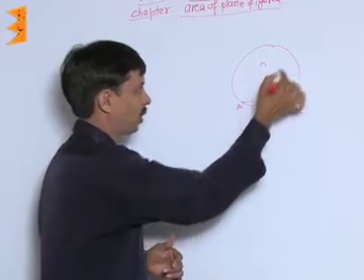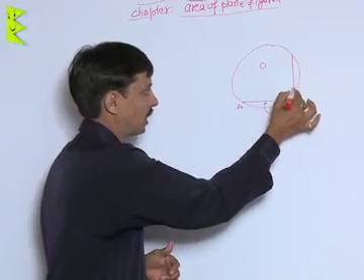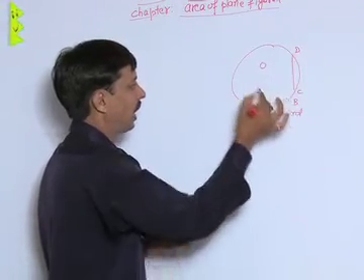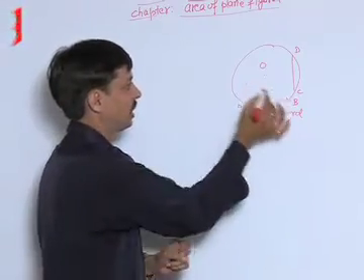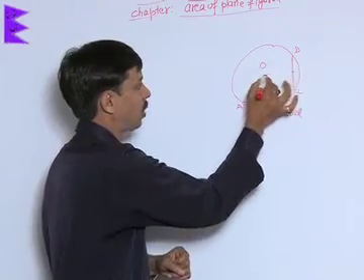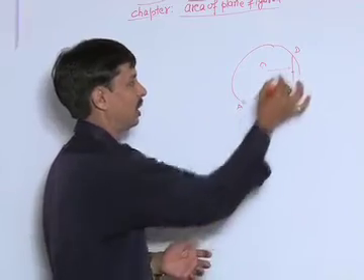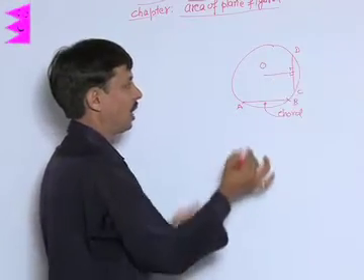About the property of a chord, if this is another chord, suppose CD, and this is the center, then there are two results. Result A: when the midpoint of a chord is joined to the center, it will be perpendicular.